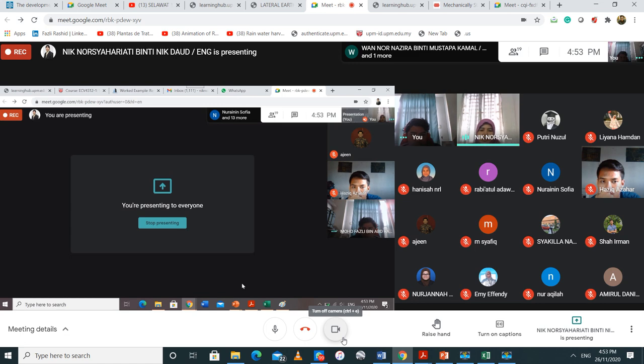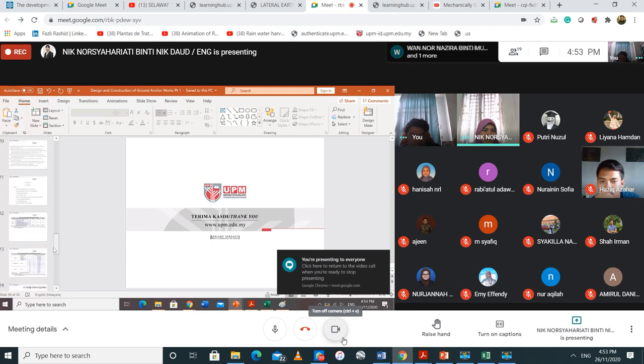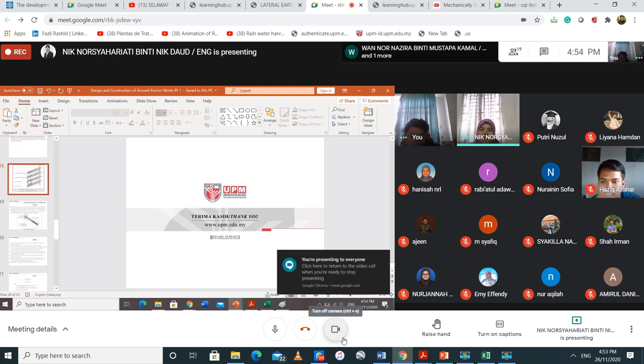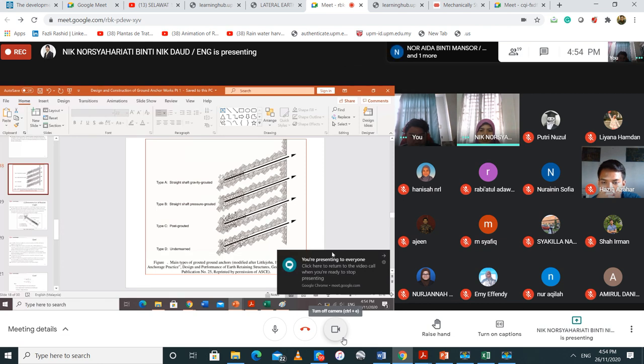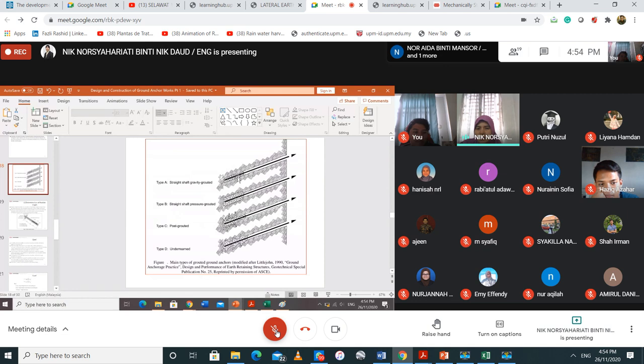If you look there, because just now I showed the types of it. Wait, where is this picture? This one. Okay, this one. So what did you say just now? Stiff clay. Okay, so the thing here is about the grouted part. The part that is grouted, where the cement will go in. The thing is, of course, you need to make sure that the grout, the cement you want to mix, also has different types, isn't it?